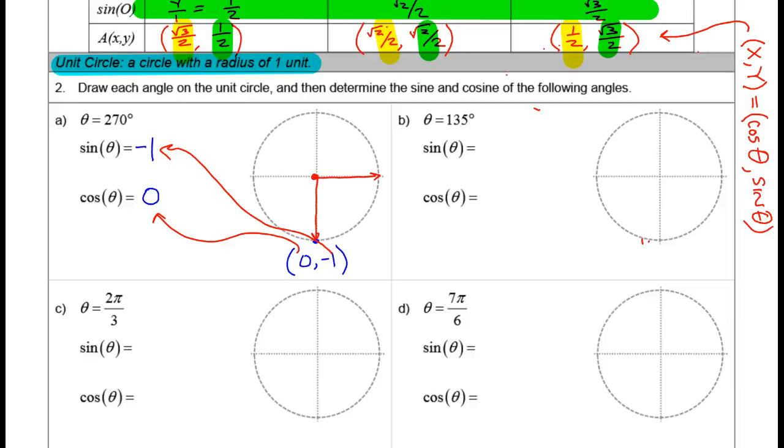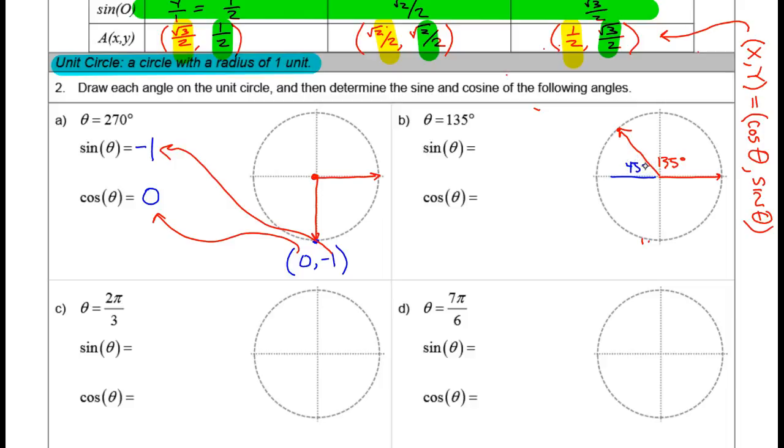Okay, let's look at another angle, 135 degrees. For this angle, I'll go ahead and draw it in standard position. Now 135 is halfway between 90 and 180, so it's right about there. Now, how does the 45, 45, 90 triangle relate to this? Well, here's our 135 degree angle, but the 45 degree angle is really right here.